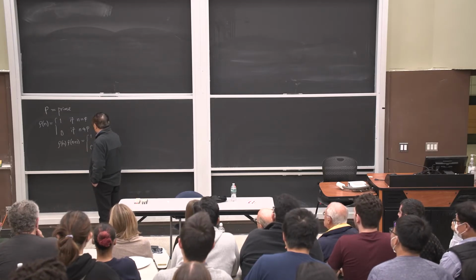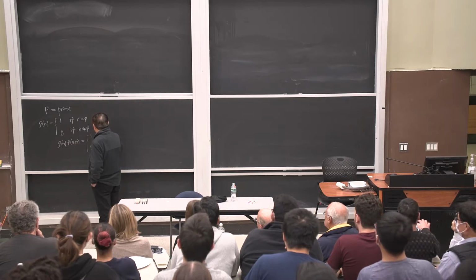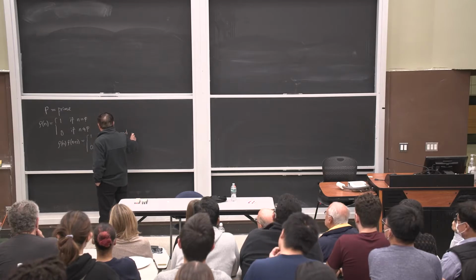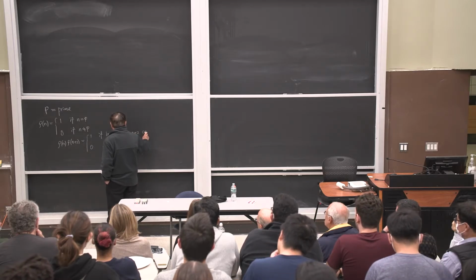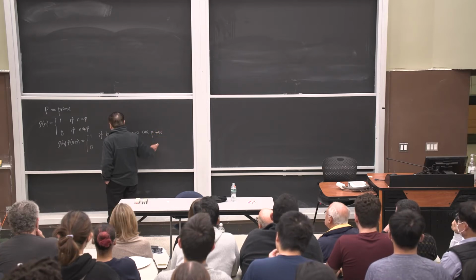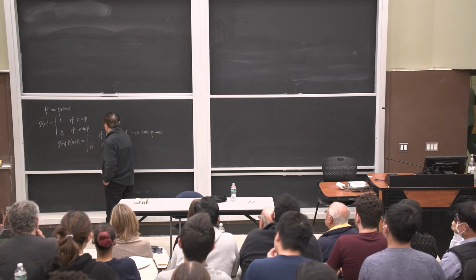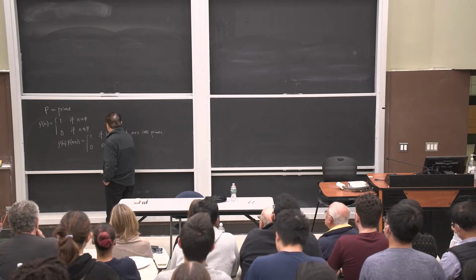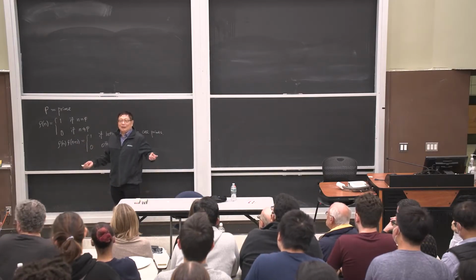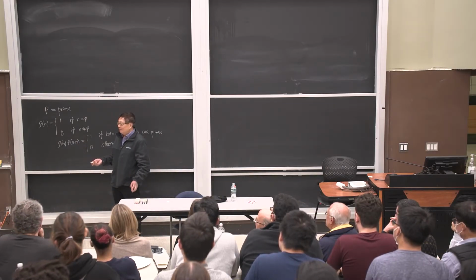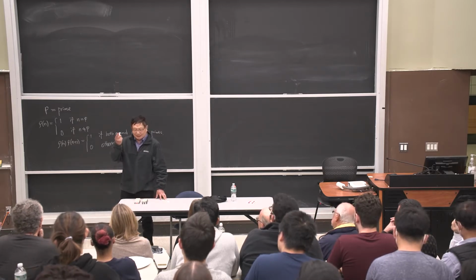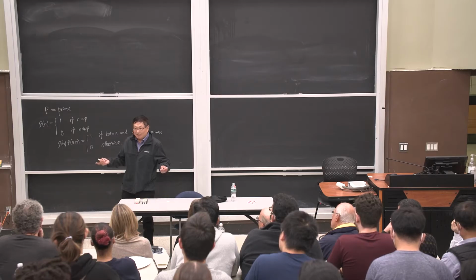We can prove it equals 1 if both n and n plus 2 are primes, otherwise 0. So now we say the twin prime problem is: there are infinitely many pairs of primes, n and n plus 2, both are primes.